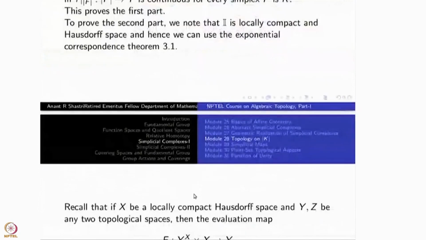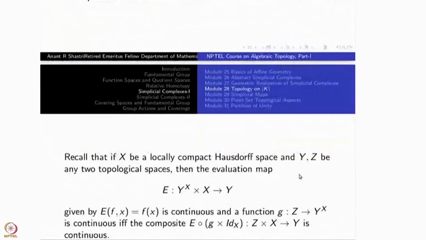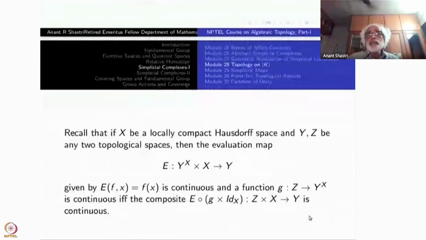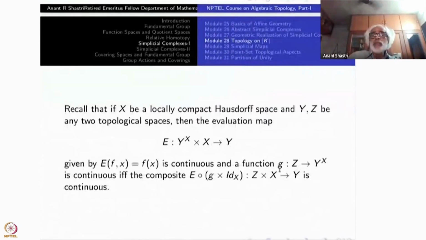I am just recalling it: if X is locally compact, and Y and Z are any topological spaces, the exponential map E from Y power X cross X to Y, given by E of (f, x), is continuous, and any function G from any topological space Z to Y power X is continuous if and only if E composite G cross I identity is continuous.